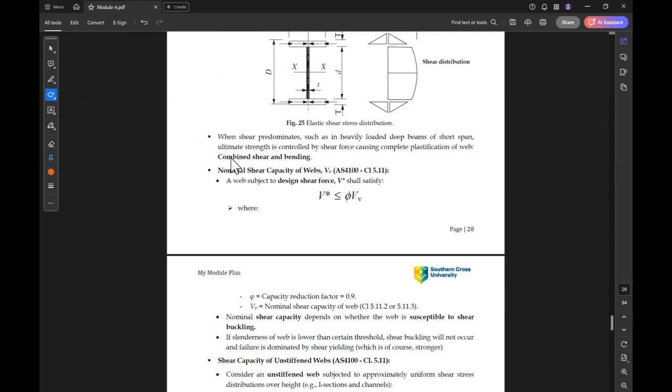Let's go directly to the procedure of the design for shear. For shear, using the Australian standard, a web subjected to a design shear force V star should satisfy the following to be safe: V star should be less than phi V_v.